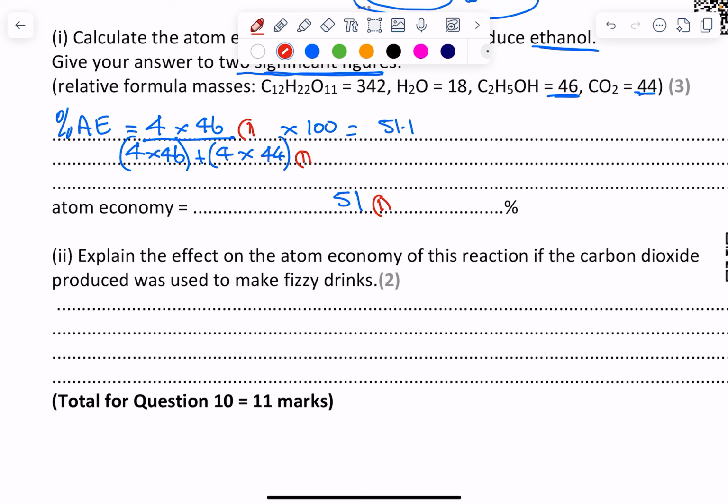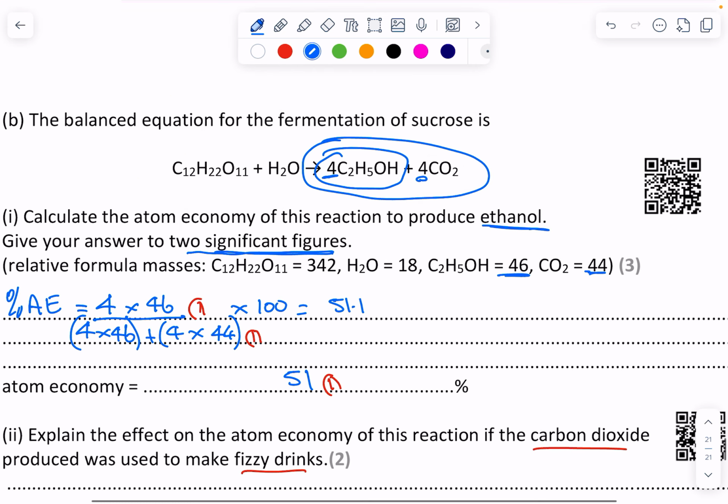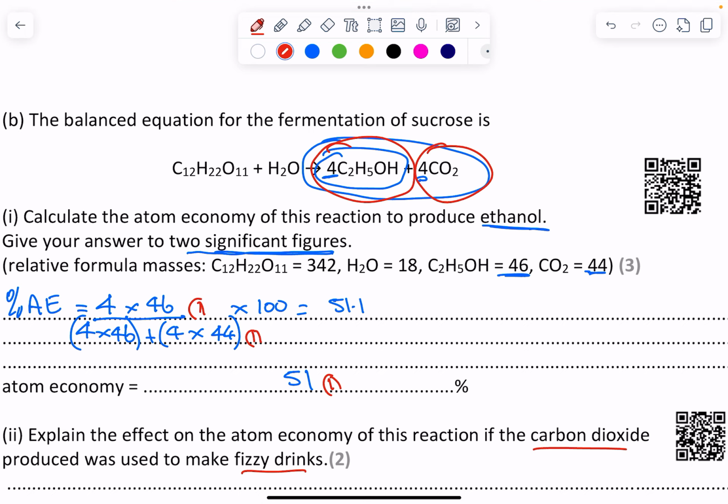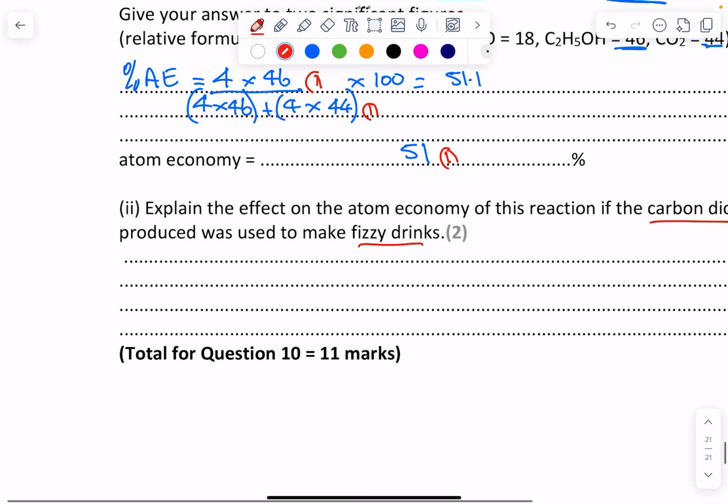Describe what happens if the company make the carbon dioxide into fizzy drinks. If we do that, that makes the carbon dioxide desirable. If I just come back up to the equation, that means that both the ethanol and the carbon dioxide are now desirable, and therefore my atom economy would become 100%.